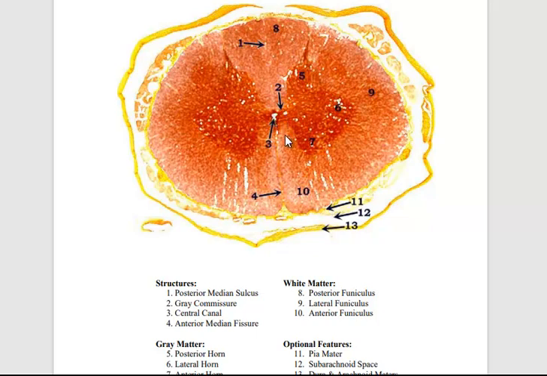Again, central canal, the fissure, the sulcus, and the dorsal horn coming out there. So that one, again, same old, same old. It's just a little bit different picture, and it shows you with the covering over the spinal column, the tough mother, the dura mater.